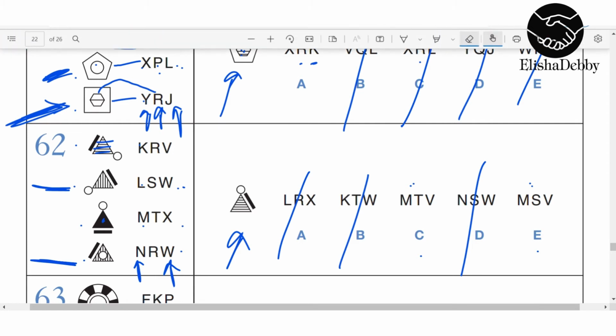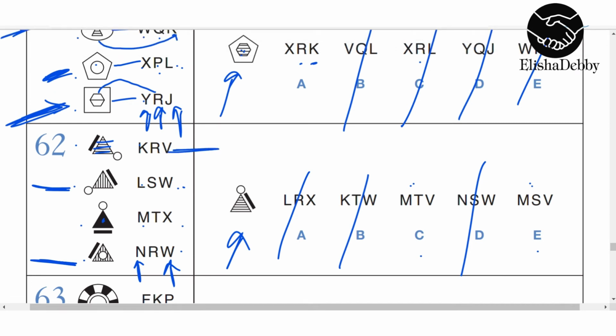The first one here was the similarity using the second letter, the similarity between this shape and this shape. I can see they both have a line by the side.